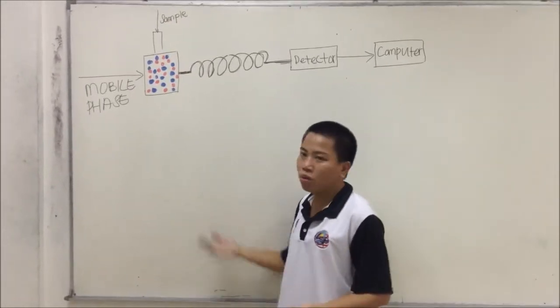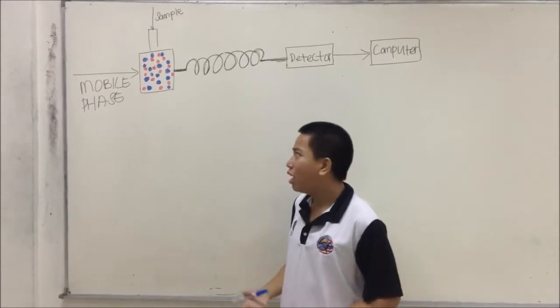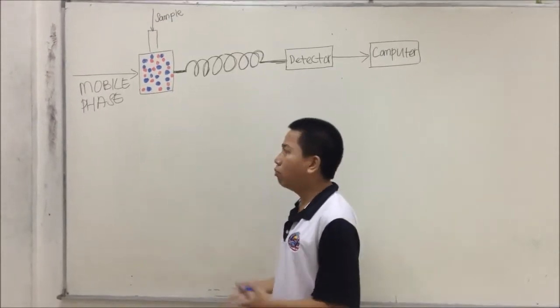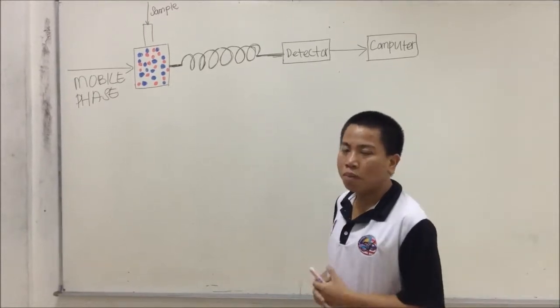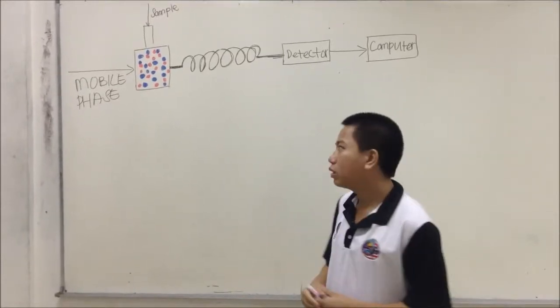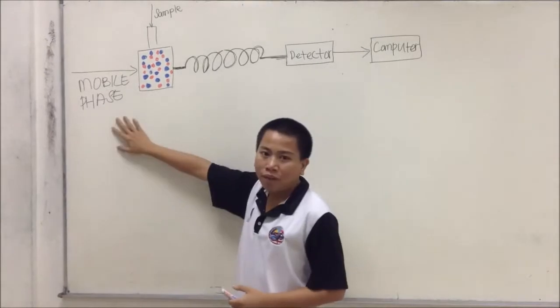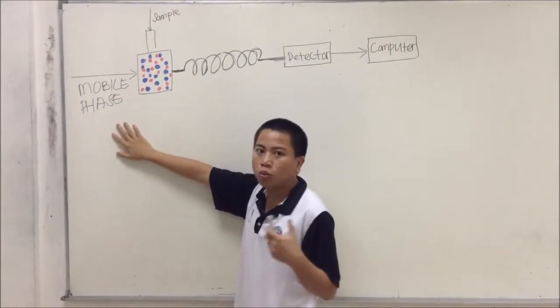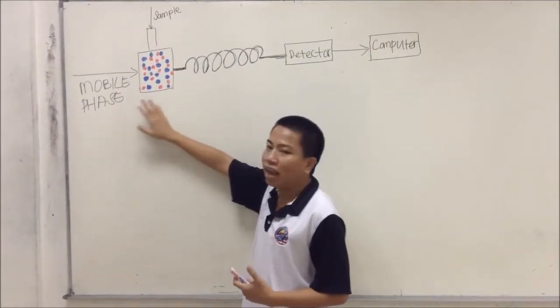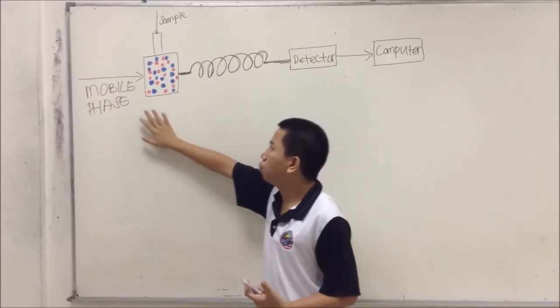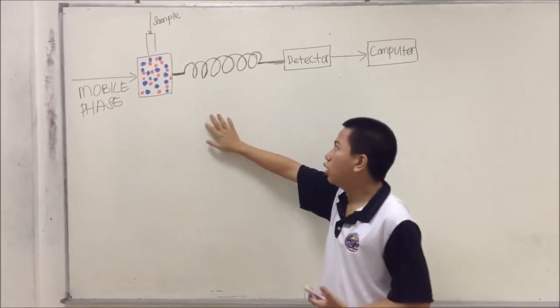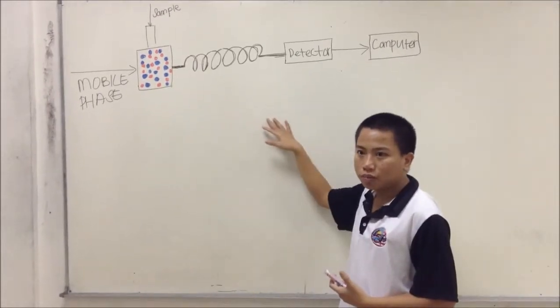Let's say the blue one is compound A and the red one is compound B. Therefore, it has two compounds in the sample. We need a mobile phase which is inert so that it won't react with the analyte to form a new chemical, to push the analyte into the box.